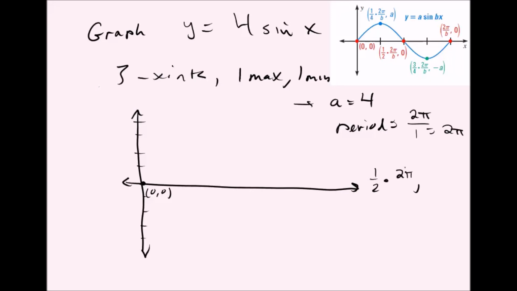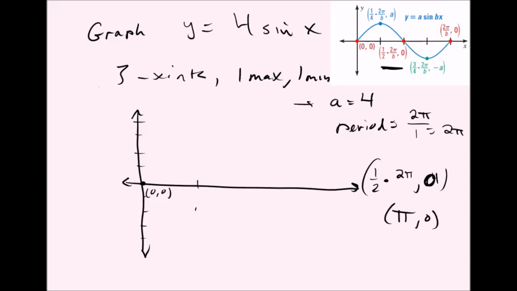That's the x value. And the second value is just 0, and I'm getting that directly from here. So 1/2 times 2 pi, that's pi, comma 0.